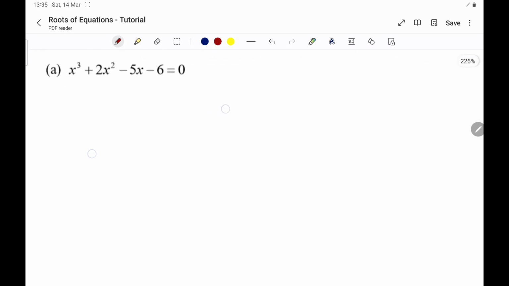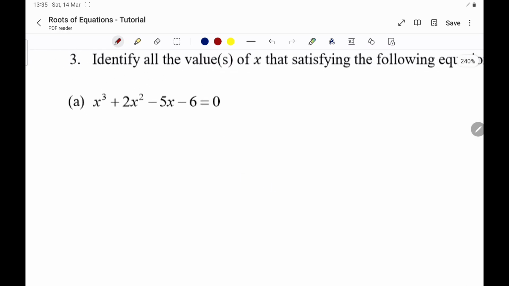Yeah, the first step is here you check inside our question A, we have x to the power of 3 plus 2x squared minus 5x minus 6. By right here we have to find 3 roots because the highest degree of the polynomial is 3. So we have to find 3 values of x. Okay, and then we have to use the factor theorem.